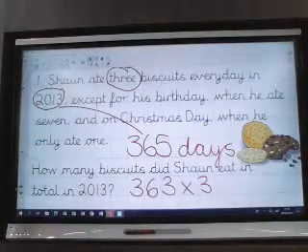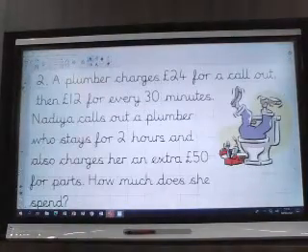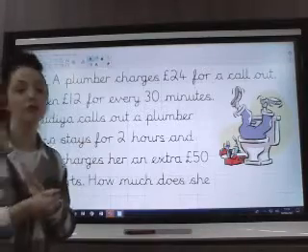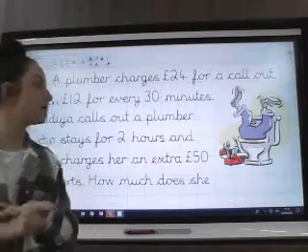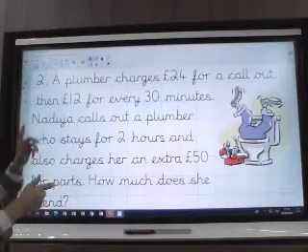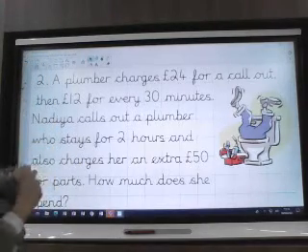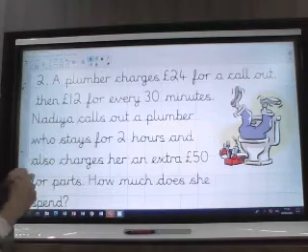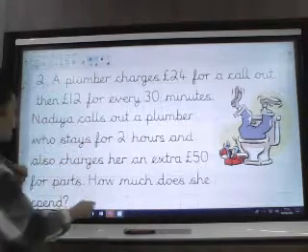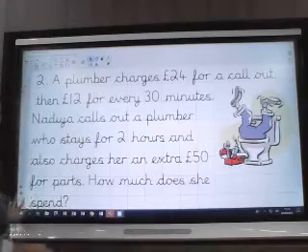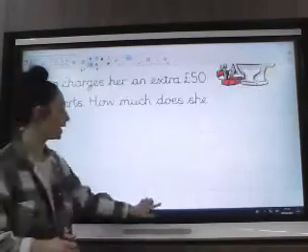Question 2 then says a plumber charges £24 for a call out, then £12 for every 30 minutes. Nadia calls out a plumber who stays for 2 hours and also charges her an extra £50 for parts. How much does she spend? Again, I think you'll all be okay with this question.